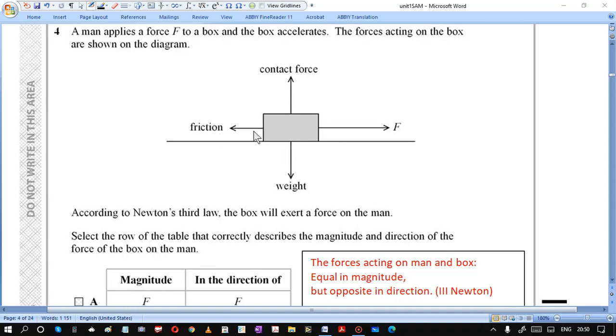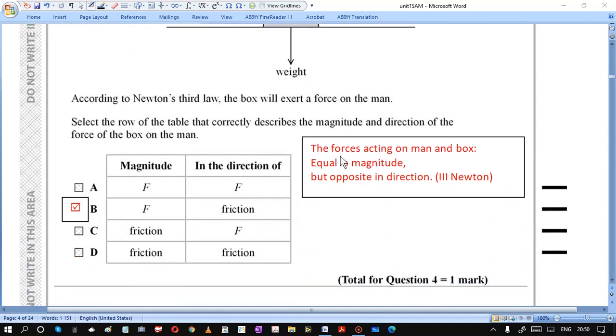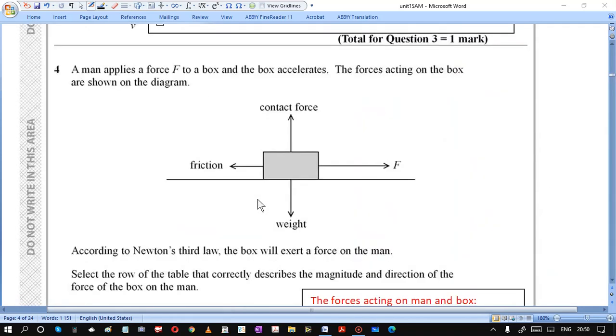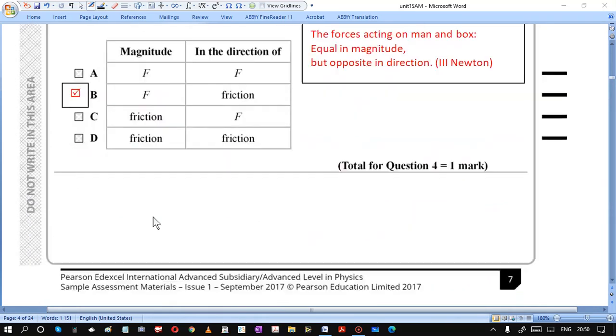So it will be along friction and it will be F. So the forces acting on man and box are equal in magnitude but opposite in direction. So we choose magnitude F in the direction of friction. The contact force and weight are extra information here.